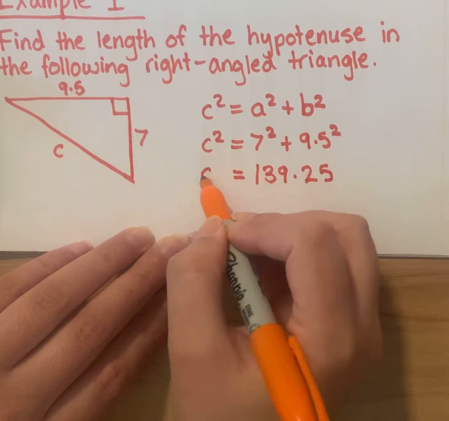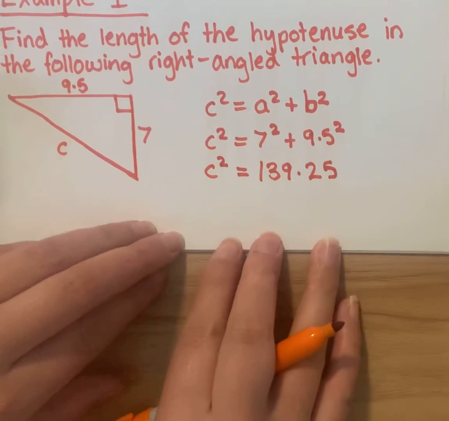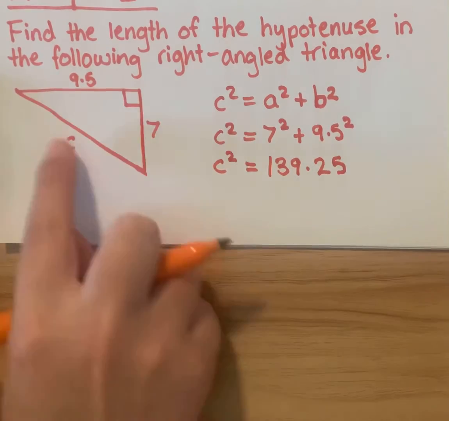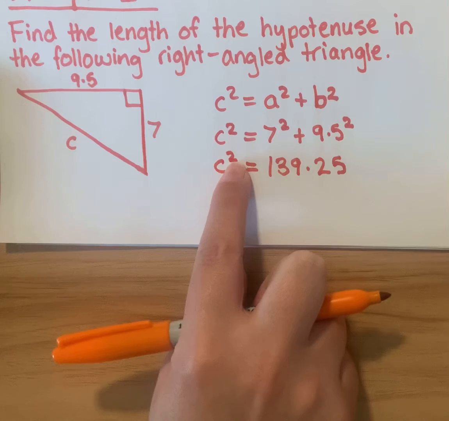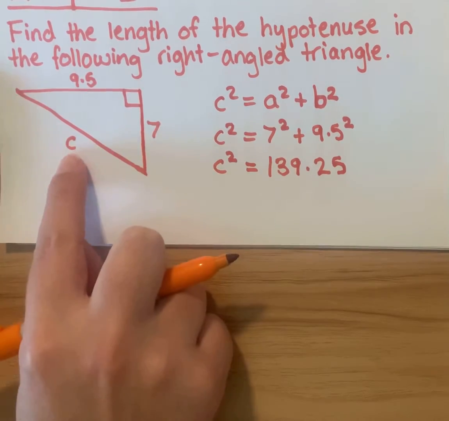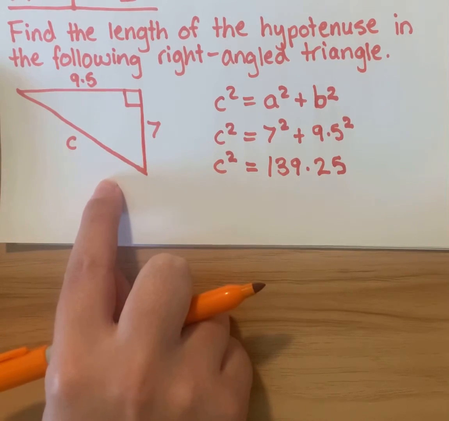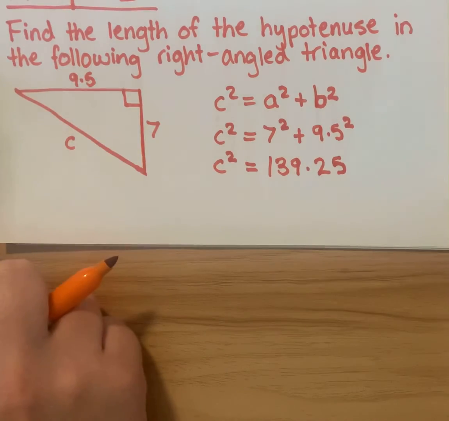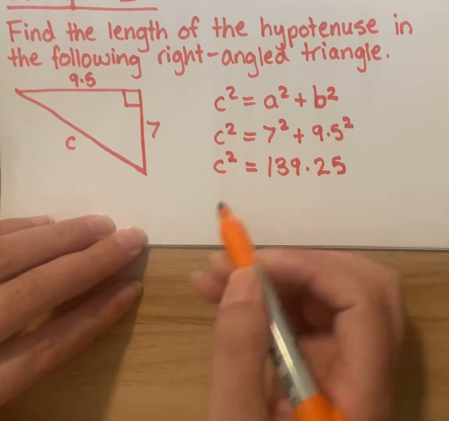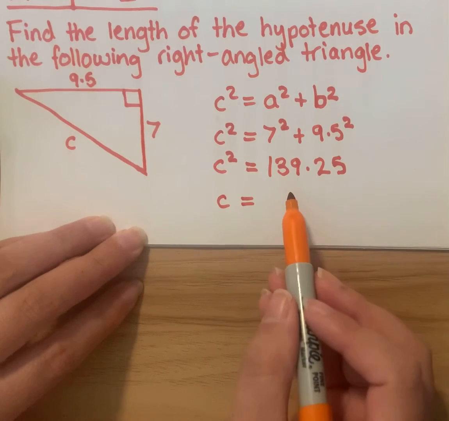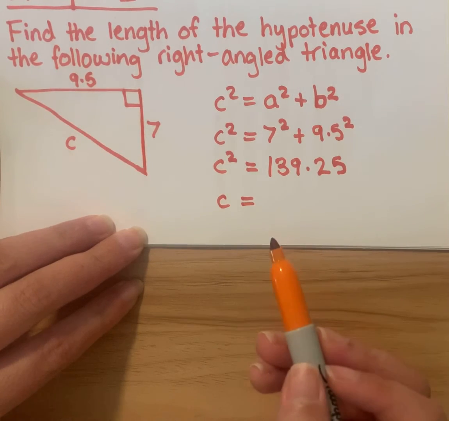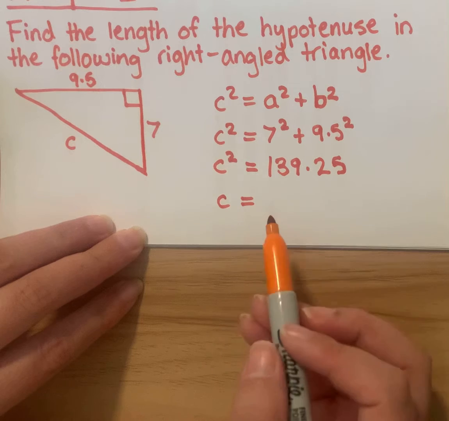And on our left-hand side, we've still got C squared. So we haven't quite found the length of the hypotenuse yet because this is the length squared. We want to isolate C by itself so we can get just the length, which is just C. So we need to take the square root of both sides as well. Because we're working with length, we can't have a negative length, so we're not going to worry about the negative square root.